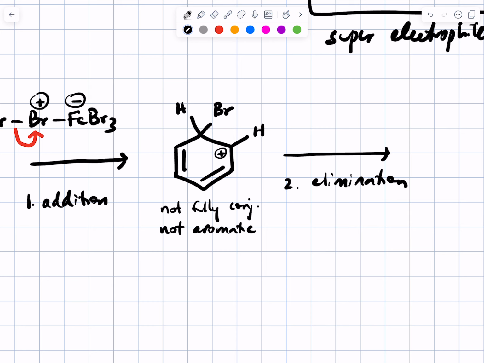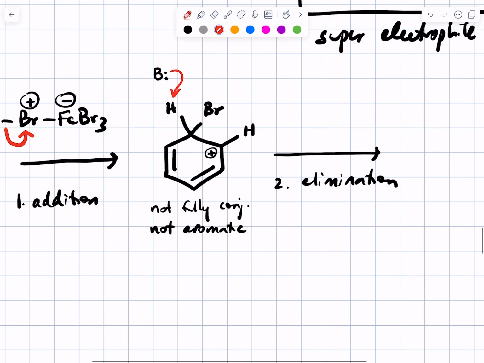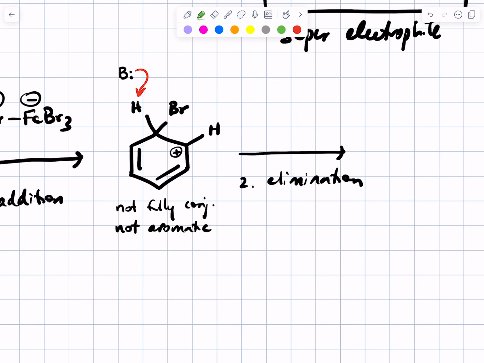So what will happen is a base, usually Br minus, but I'm just going to be generic about it, would come in and remove this proton. It doesn't need to be a very strong base at all, because the conjugate base of this acid, this proton, is super acidic. The conjugate base of the acid, you will see, is aromatic and very stable.